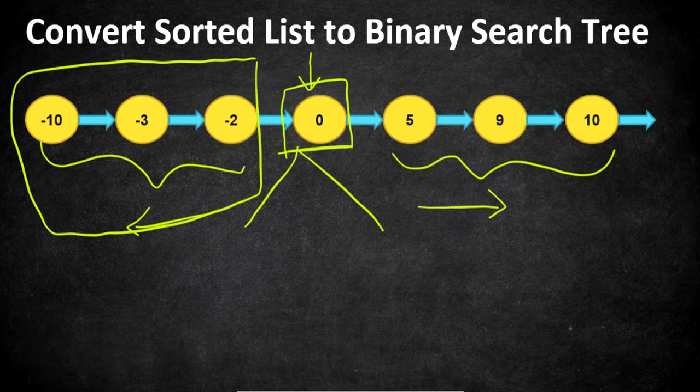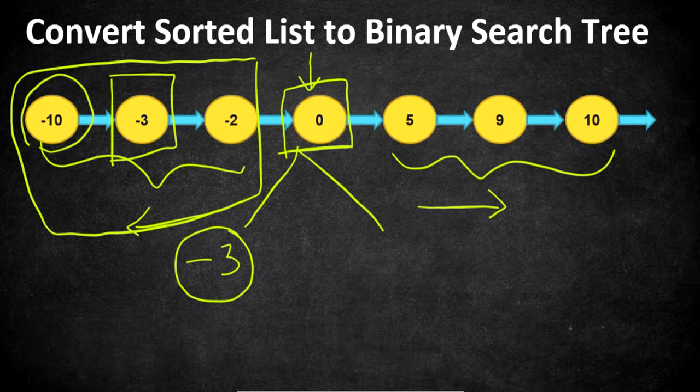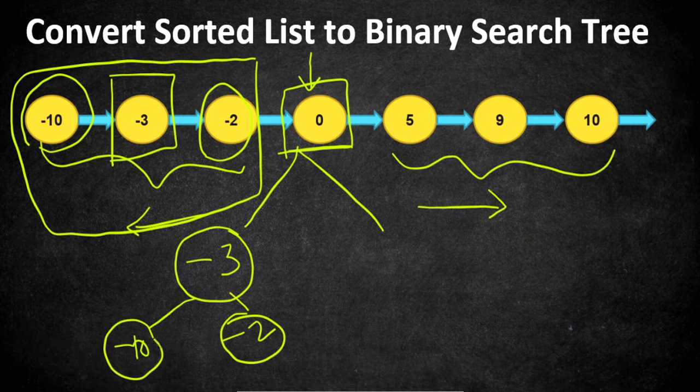The root node will be in the middle, so -3 is going to be the head of our left subtree. -10 is the lesser value, so it goes on the left side. And -2 is greater than the root node, so it goes on the right side. So this is again a binary tree, which is going to be the left child of our root node 0.